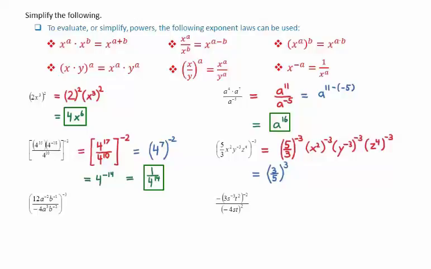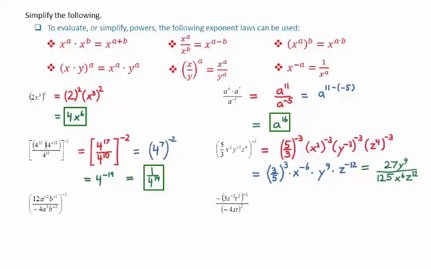For the remainder, we can use the power law and multiply the exponents. We have x raised to the 2 times negative 3, which is x to the negative 6, y to the 9, negative 3 times negative 3, and z to the negative 12, 4 times negative 3.